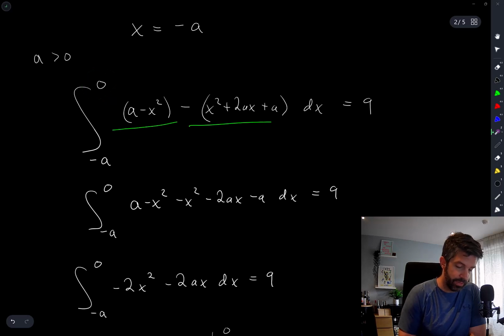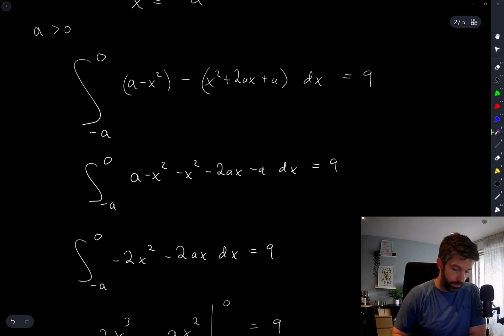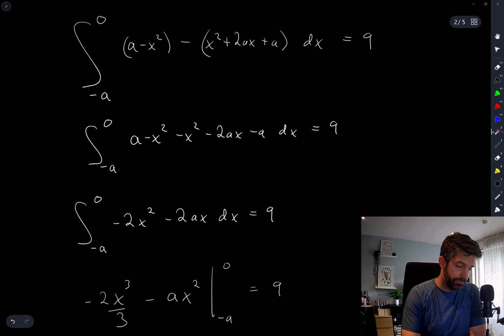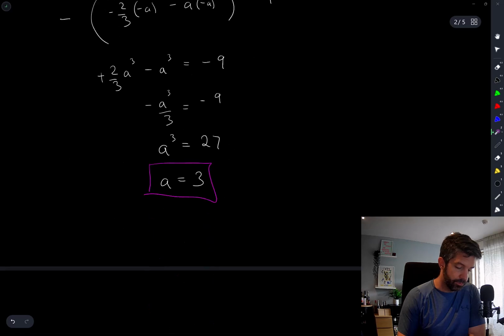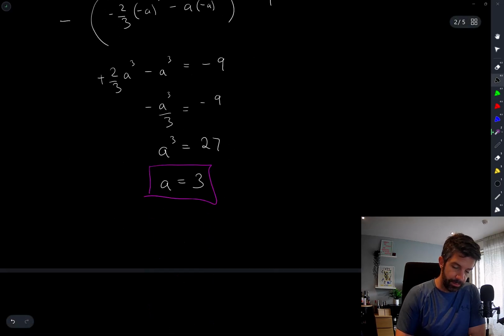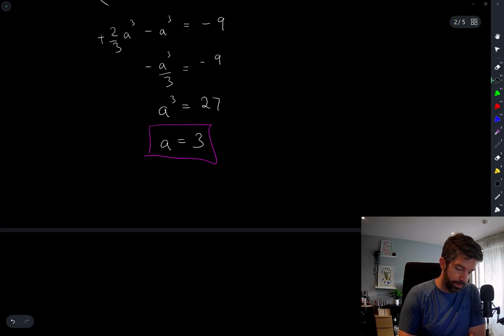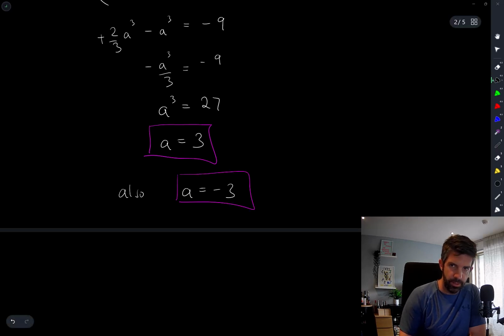The only thing we're doing is switching the orders of the integral for this expression. I'm not going to go through all the work, but a equals negative 3 will also work. And this is option B.